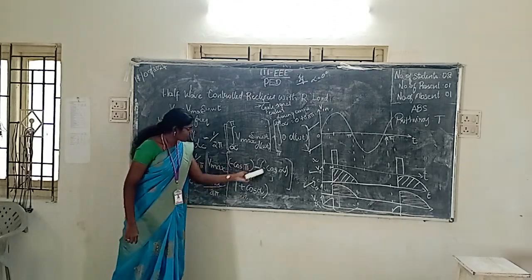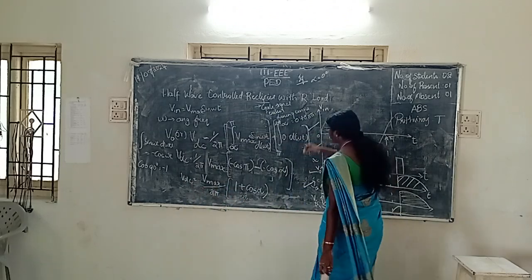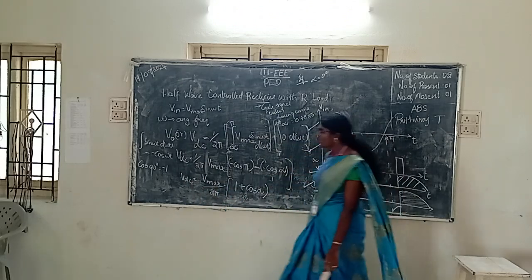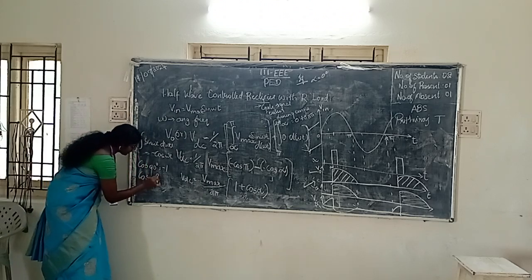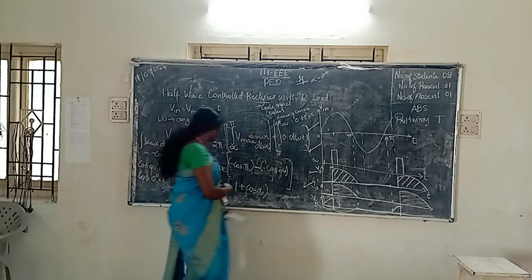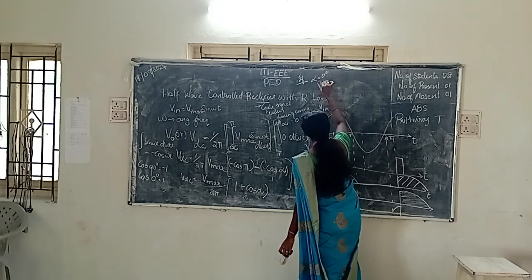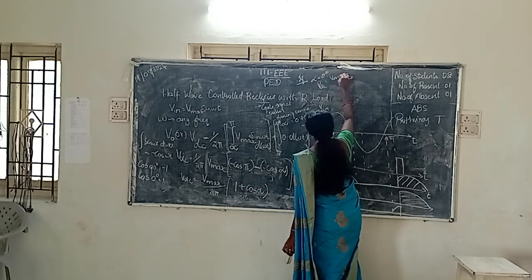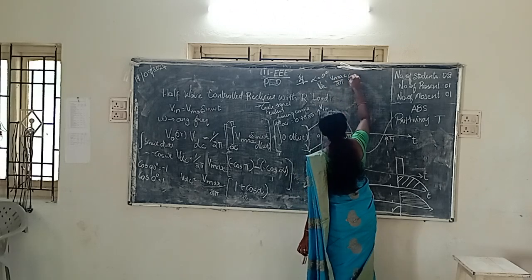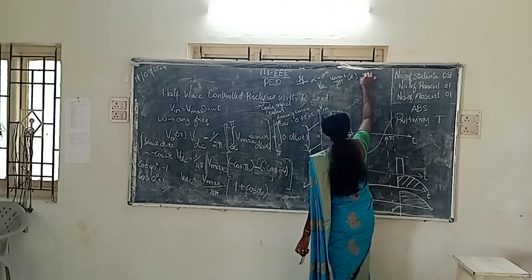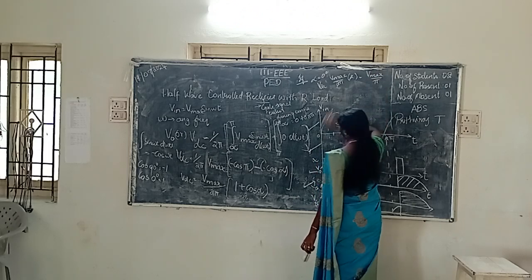Substituting alpha as 0 degree, cos 0 degree is 1. So VDC becomes V max by 2 pi into 2, and cancelling it, it becomes V max by pi.